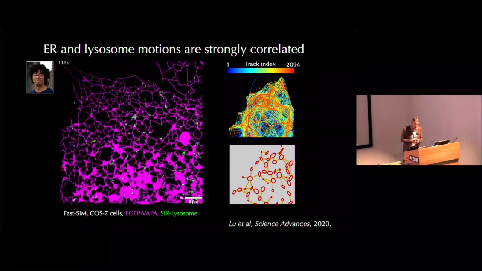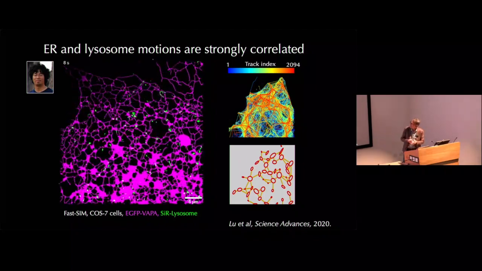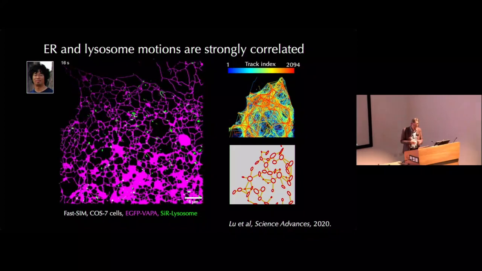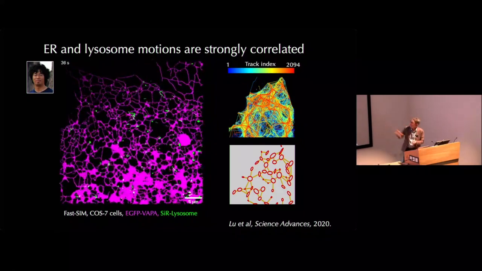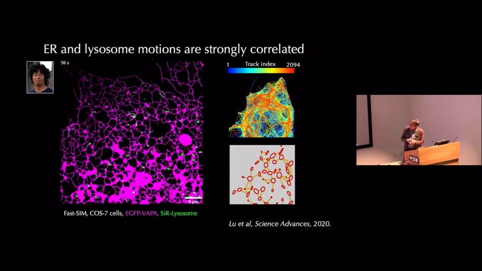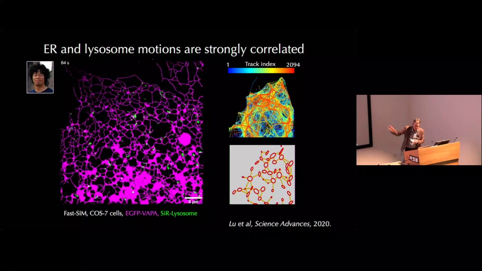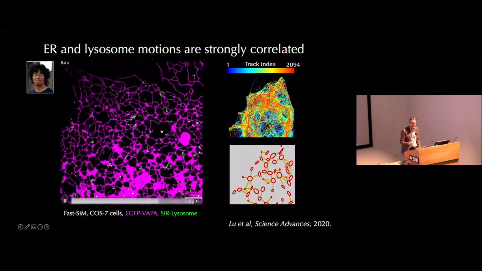Another thing we now use is the two-color or multiple-color capability of structured illumination microscopy with our system, looking at several organelles at once and at their correlated motion. Here you see lysosomes inside cells, and you see the ER network whizzing around in there. What is interesting is that you very often see a highly correlated motion between those two things.